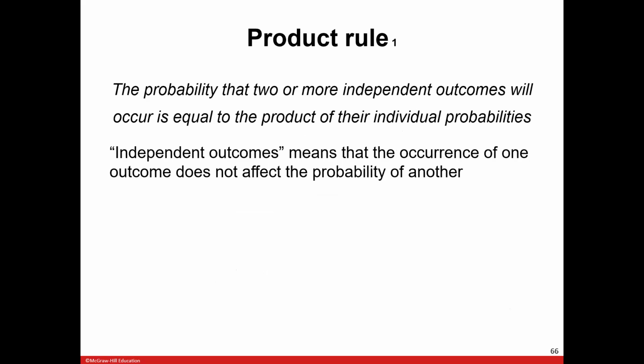So when they were doing the analysis for a 3-factor cross, they did multiplication instead. This is for when your independent outcomes are unrelated to each other. The probability that 2 or more independent outcomes will occur is equal to the product of their individual probabilities.